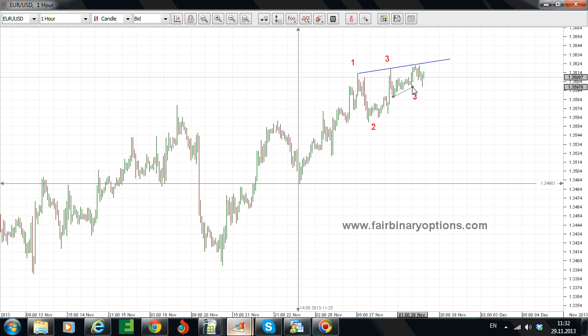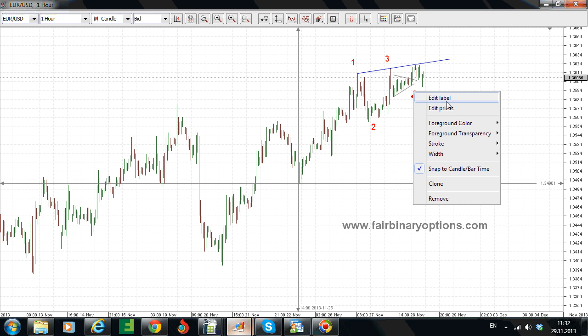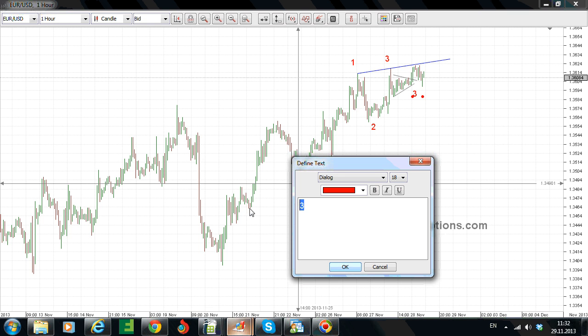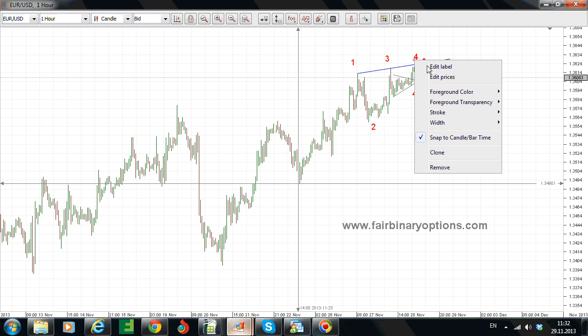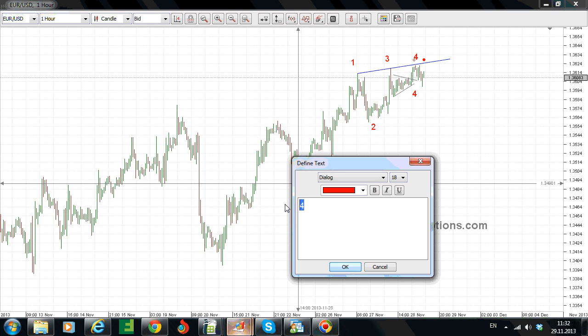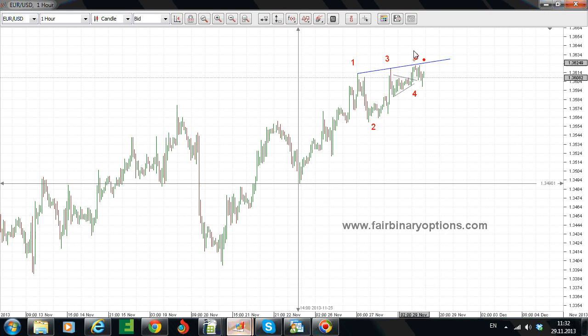If you look here like this, so this will be the fourth wave at the end of this triangle, and then of course the fifth wave to the upside and the fifth wave to the upside to come and pierce this line. So 1, 2, 3, 4, 5, rising wedge, and by this moment of time the pattern should be considered completed.